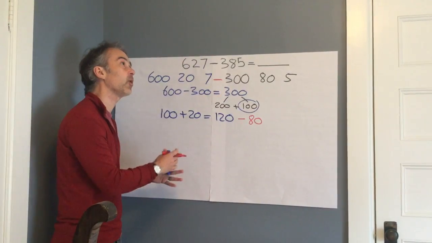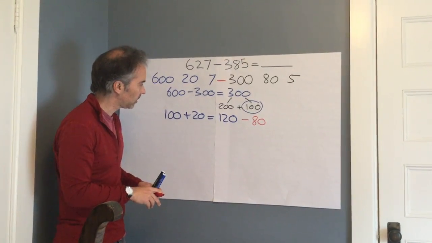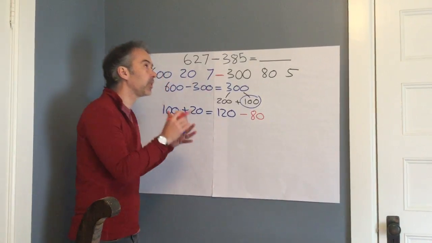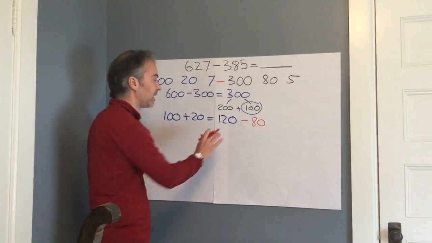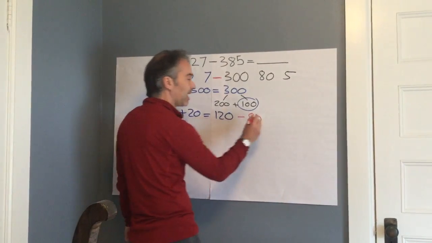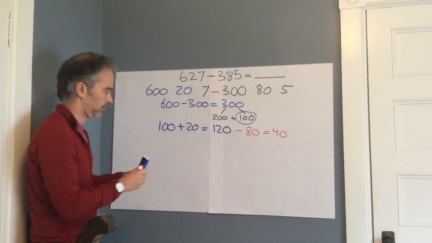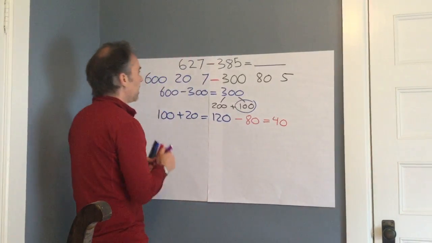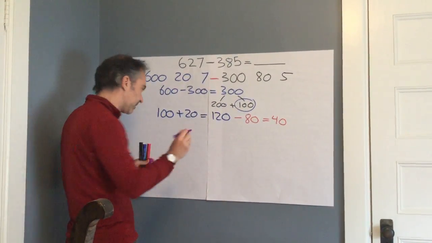So 120 take away 80. Well, I know that 80 plus 40 gets me to 120. So I know that 120 take away 80 is equal to 40. Now, can I take my 5 from my 7? Yes, I can.